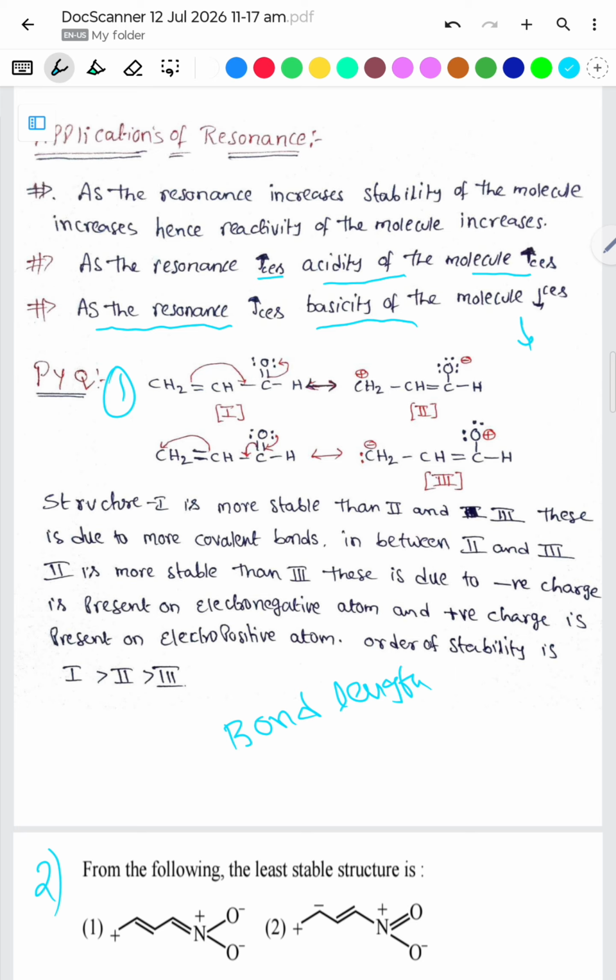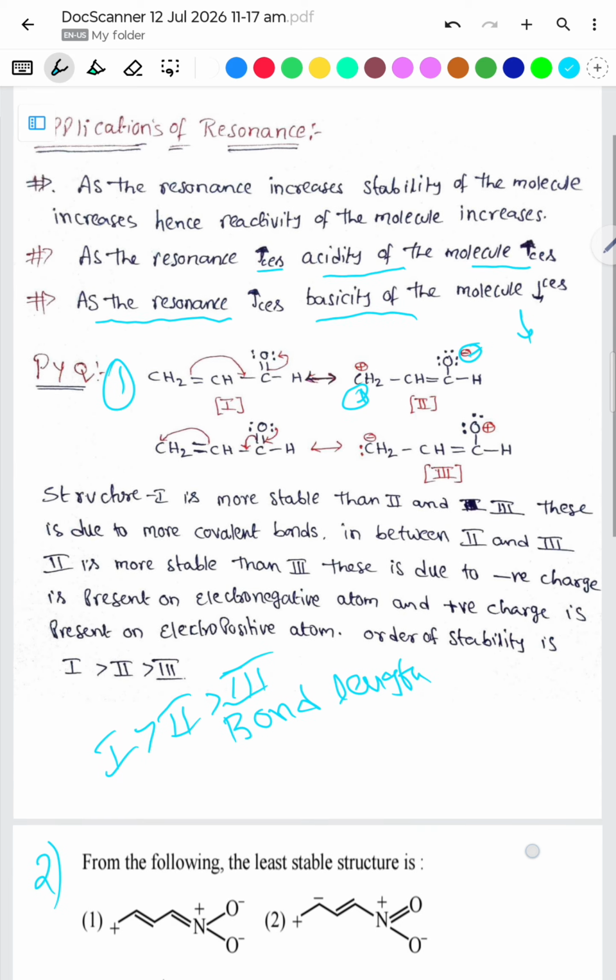Between 2 and 3, 2 is more stable than 3, because the negative charge is present on the more electronegative atom and the positive charge is present on the more electropositive element, the carbon atom. Hence the order of stability is 1 > 2 > 3.